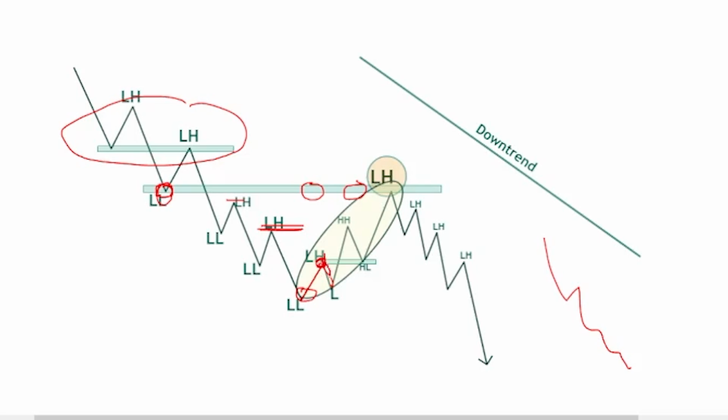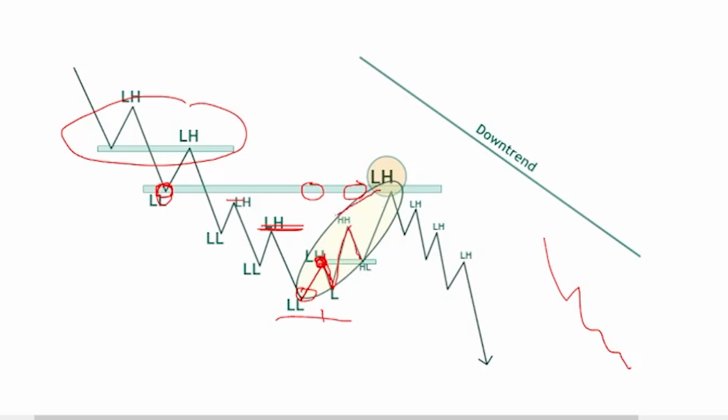When you make a low, because you didn't continue to the downside here by making a lower low, you didn't break from this area, you make just a low. And then when you make a higher high, why are we making a higher high? Because we broke this previous high, which was a lower high. And then when you pull back, you make a higher low.